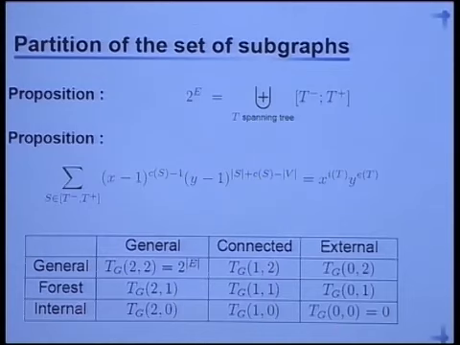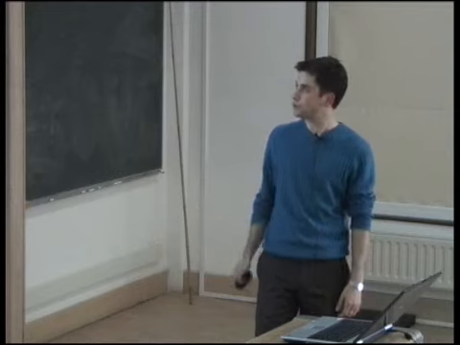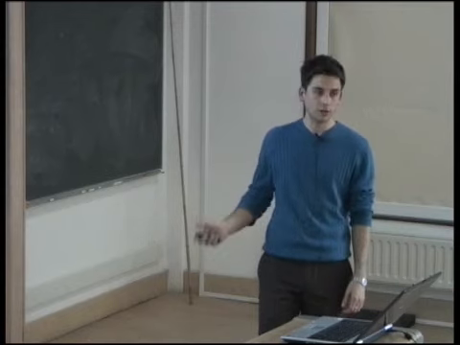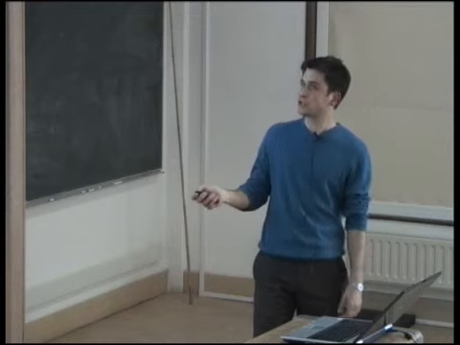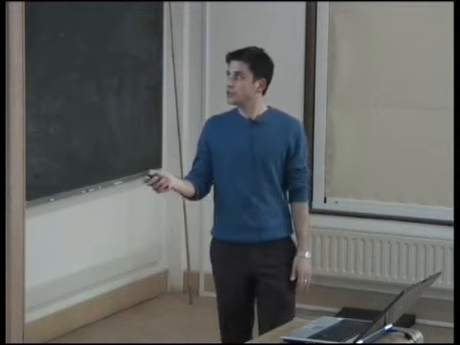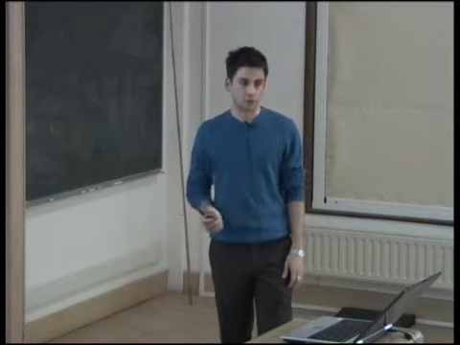And internal is the same thing. So a tree is internal if all the active edges are internal, and similarly for subgraphs. Okay. So this gives the evaluation. These are the different evaluations of the Tutte polynomial counting the different classes of subgraphs. Here, external is a special case of connected, and internal is a special case of forest.